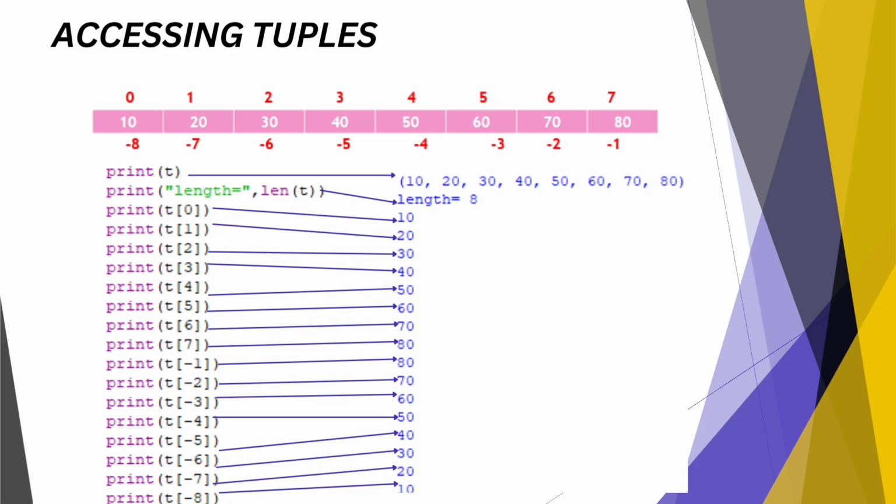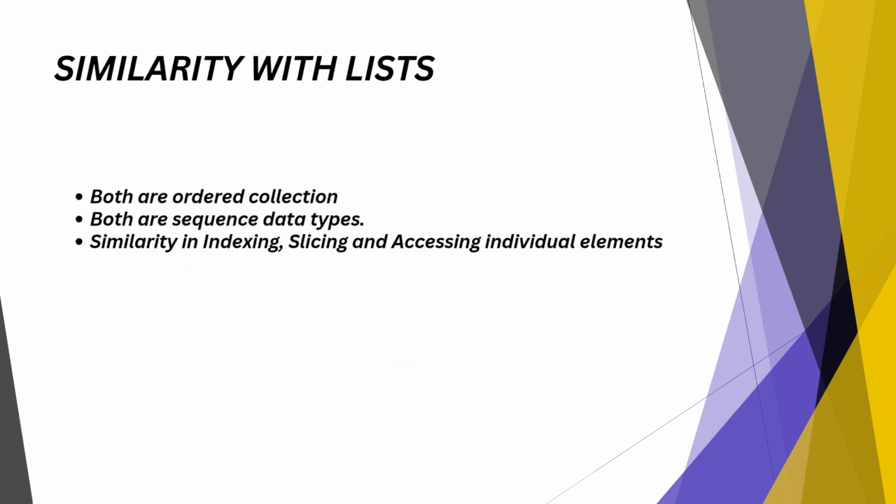The length of the tuple will be 8, t[0] will be 10, t[1] will be 20, t[2] will be 30, t[3] will be 40, t[4] will be 50, t[5] will be 60, t[6] will be 70, t[7] will be 80, t[-1] is 80, t[-2] is 70. From the back side, t[-5] will be 40, t[-6] will be 30, t[-7] will be 20, t[-8] will be 10. So in this way we can access the tuple using the index.